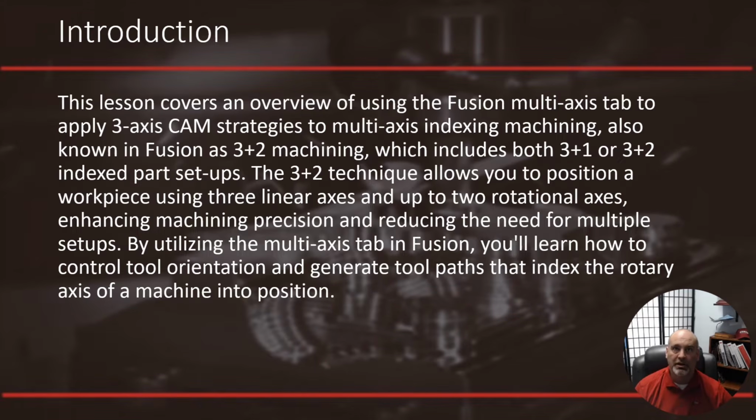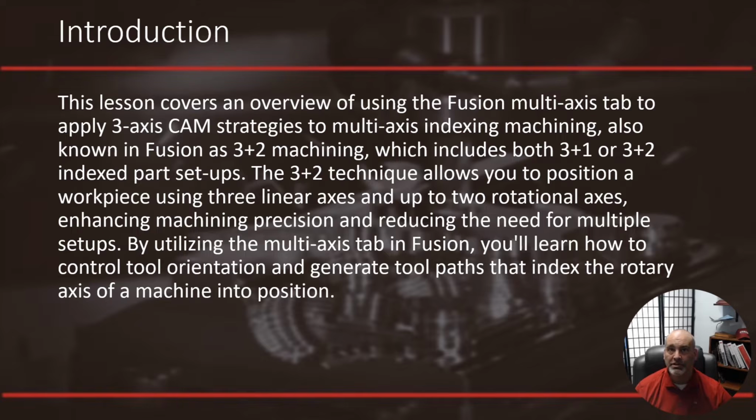This lesson covers an overview of using the Fusion Multi-Axis tab to apply three-axis CAM strategies to multi-axis indexing machining, also known in Fusion as 3+2 machining, which actually includes both 3+1 and 3+2 indexed part setups.